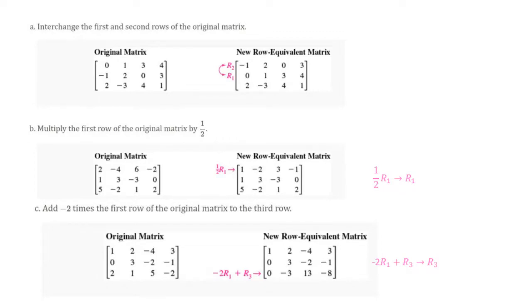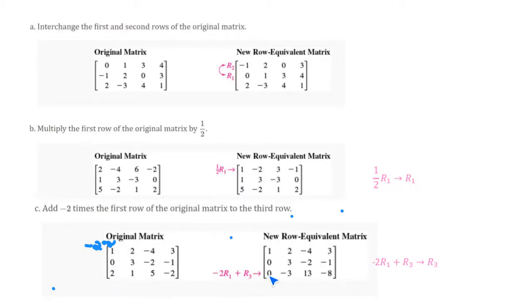So for example, -2 times row 1. We have -2 times 1 is -2. And then we add it to row 3, so -2 plus 2 is 0.